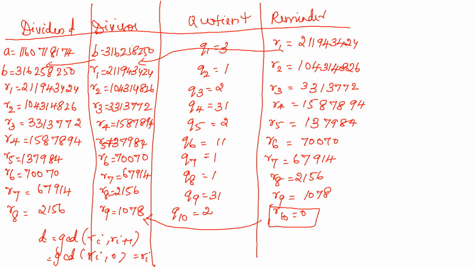So in this case, Ri is equal to R9, Ri plus 1, that is R10, you have got it as 0. So your GCD value will be equal to R9 value, that is equal to 1078. Okay. So for the 10-mark question, you will have to write these two tables.